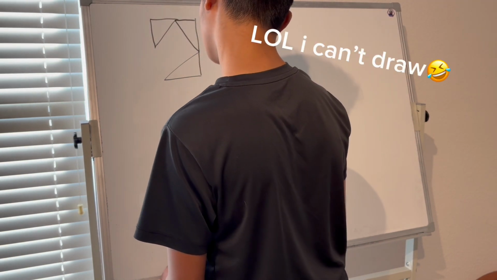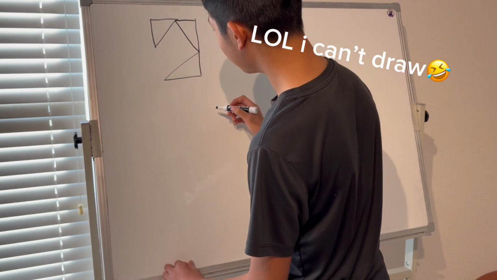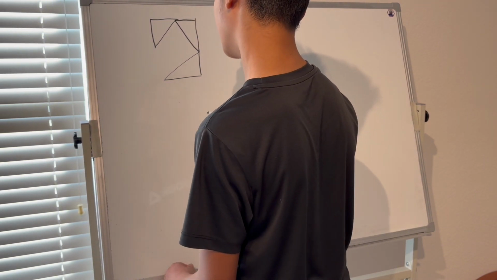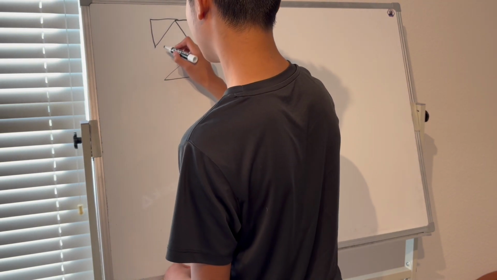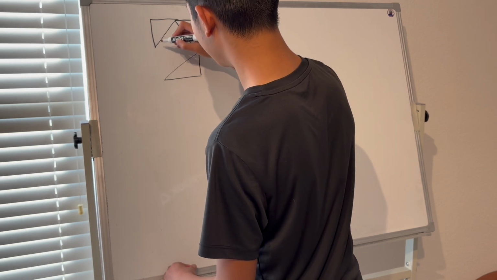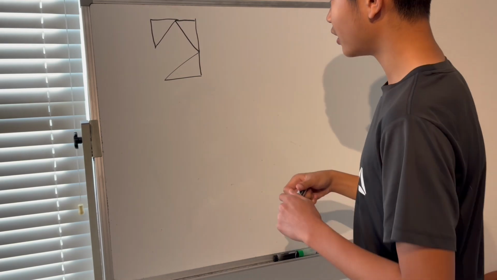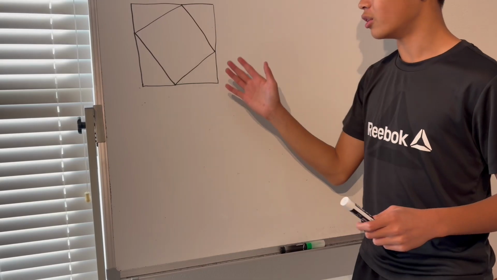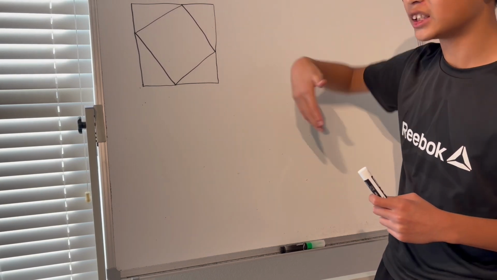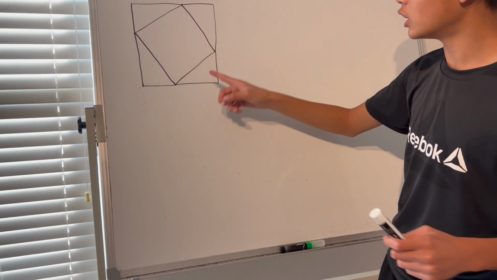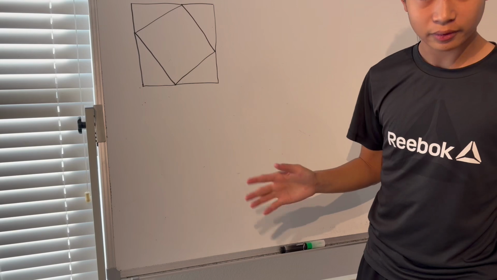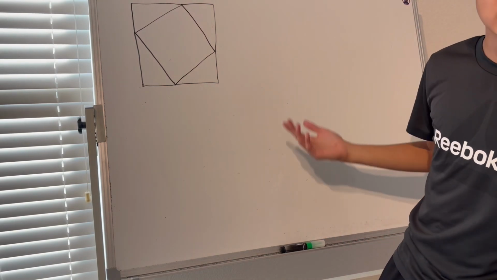And I'm not an artist, but I'm trying my best to draw it. Then it's going to be like this. Now, I'll just redraw it. This is what it actually looks like. I know this does not look like a square, but believe me, it is a square, okay? Let's just label the sides.